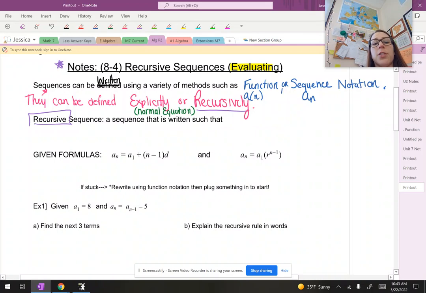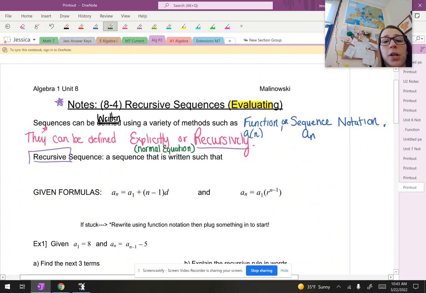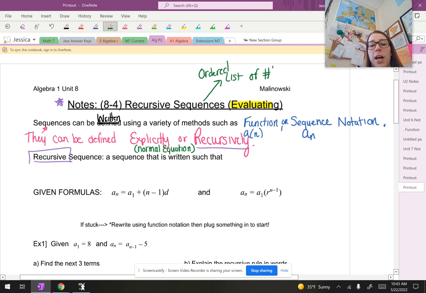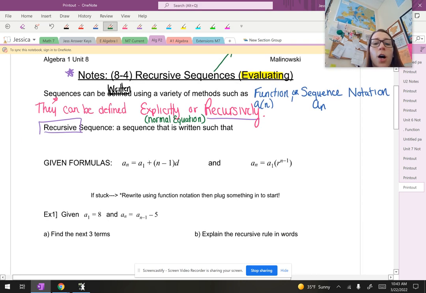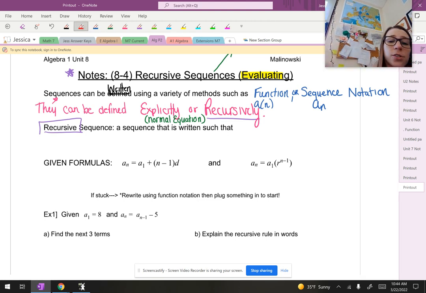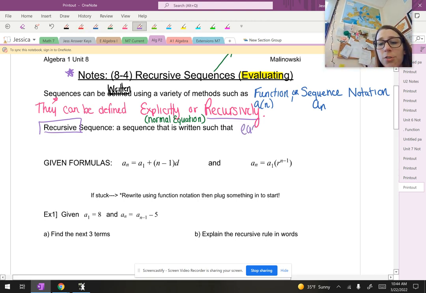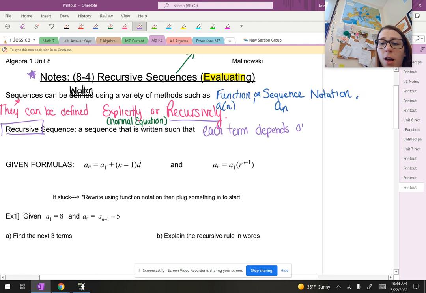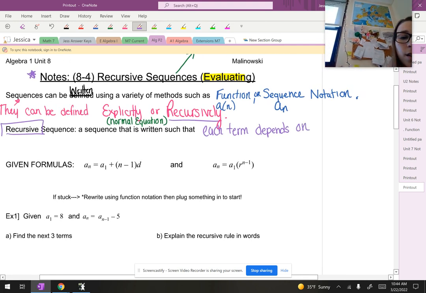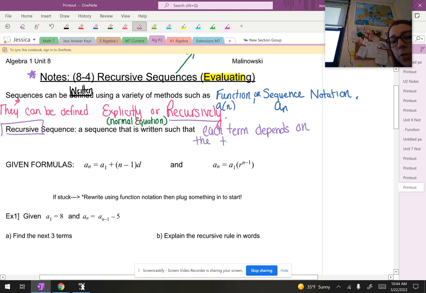A recursive sequence, and remember that a sequence is just a straight up ordered list of numbers, focusing on those whole number points. So a recursive sequence is just a sequence that is written such that each term depends on the term or terms, could be more than one, before it.